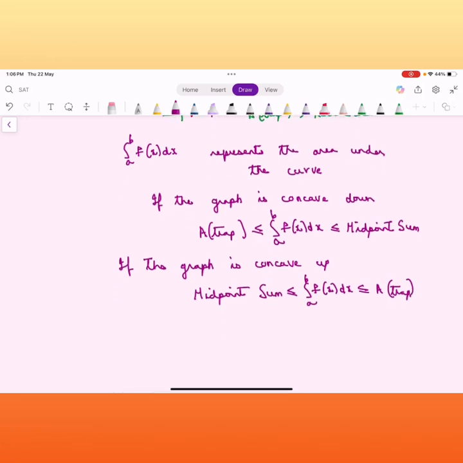So we have roughly worked out problems on calculating the midpoint sum, trapezoidal rule, and seen what a concave up and concave down graph is.